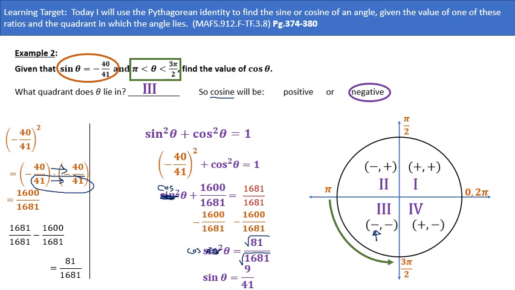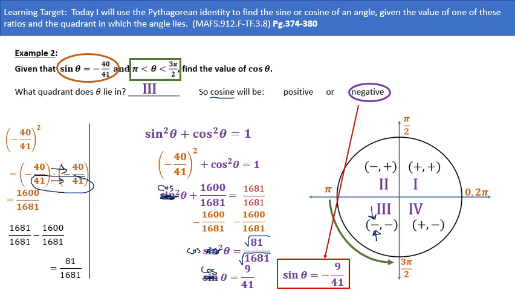Look where we are. We know that we're in quadrant 3, which means, because we're talking about cosine, that this answer here should be negative. So because we know it's negative, our answer is the sine of theta has to equal negative 9 over 41.